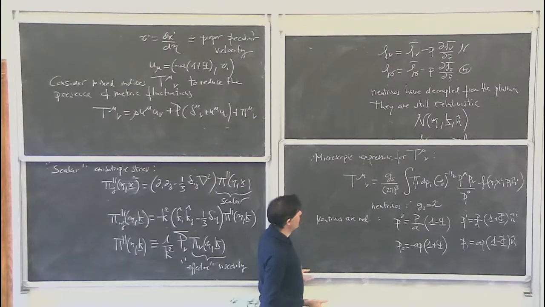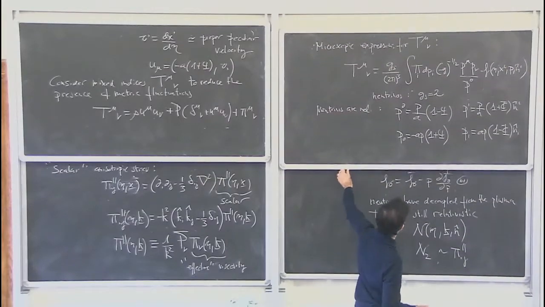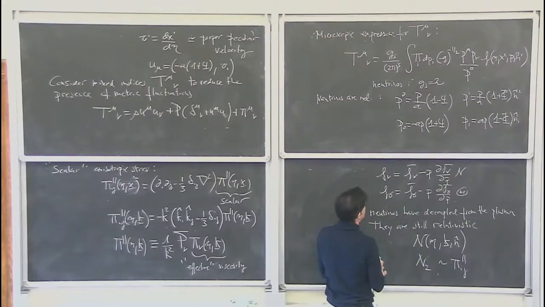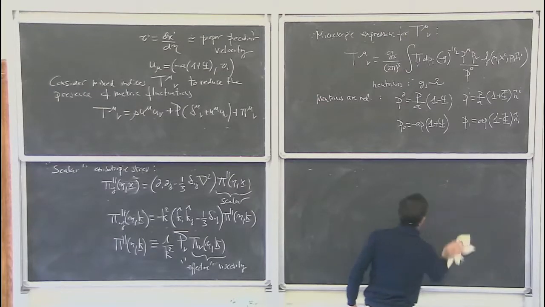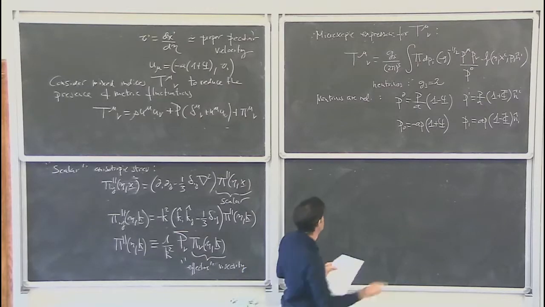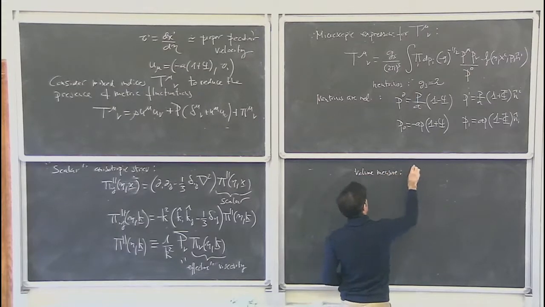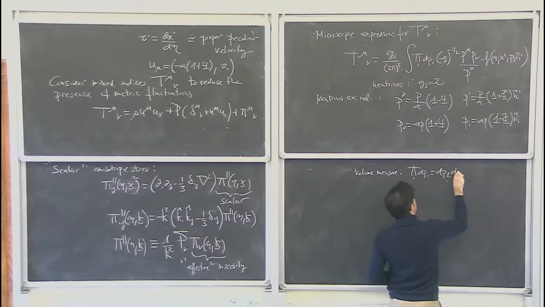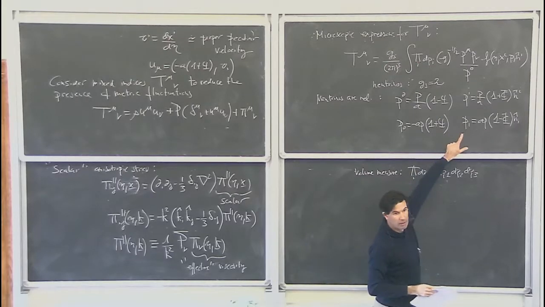So now the question is, what is the volume measure? Well, now we can basically read it off from here, because that's what we need. The volume measure is dP_1 dP_2 dP_3 with indices down.